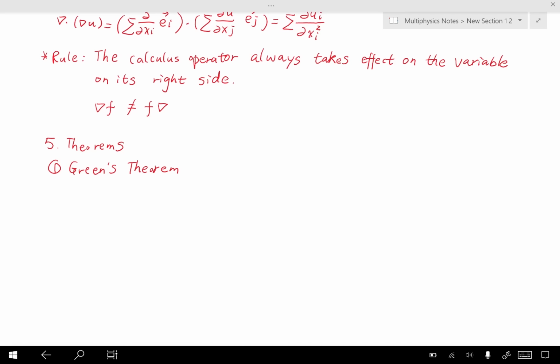So the first one is the Green theorem. And for this one, we have the following things.